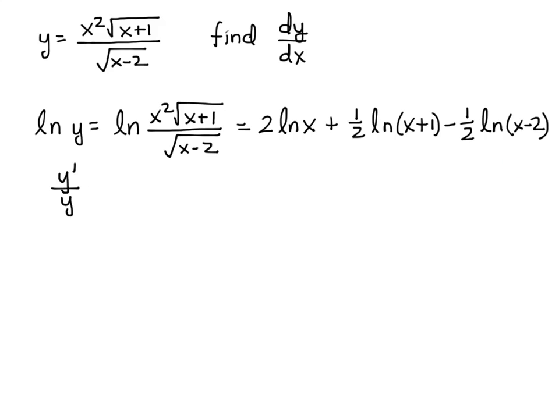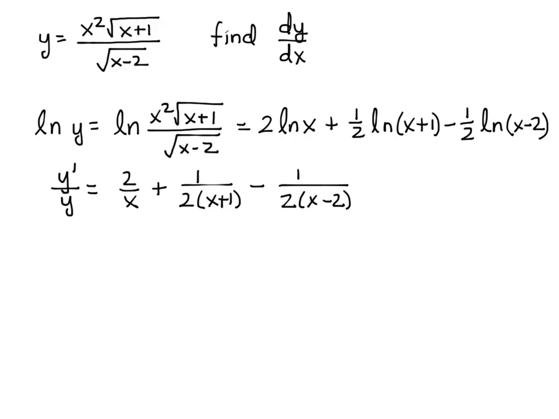So now I'm going to take the derivative of both sides. The derivative of the log of y, just like I had before, is going to be y prime over y. Now let's take the derivative of the rest of that expression. So we have 2 over x plus 1 over 2(x plus 1) minus 1 over 2(x minus 2).